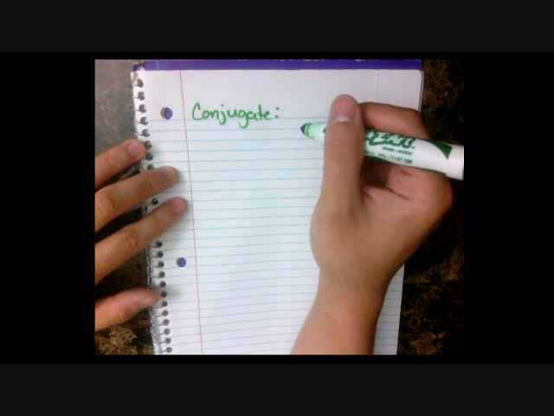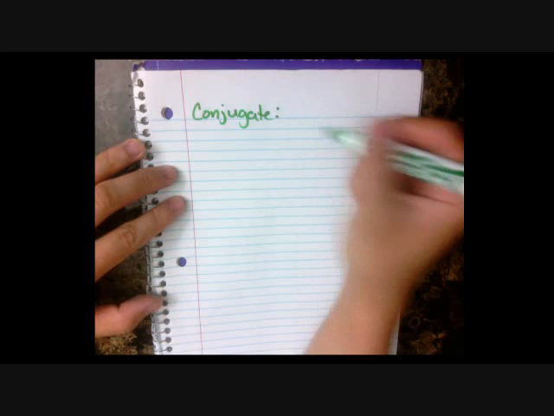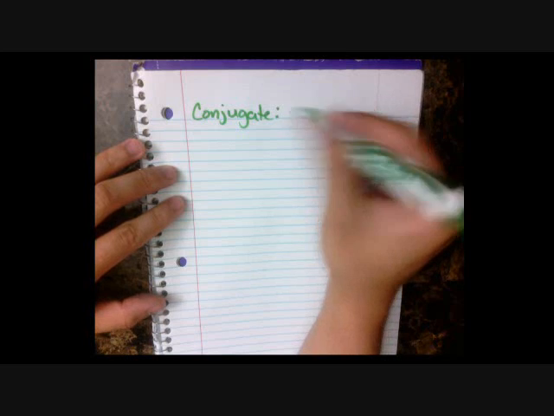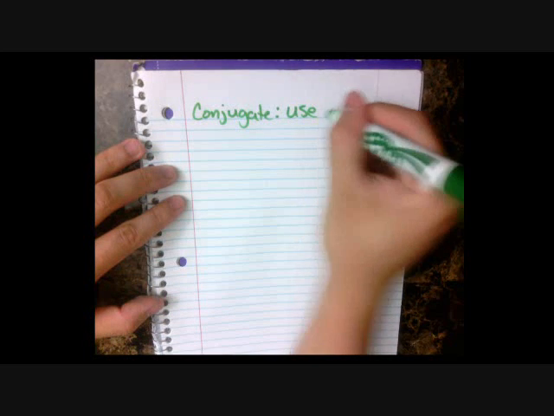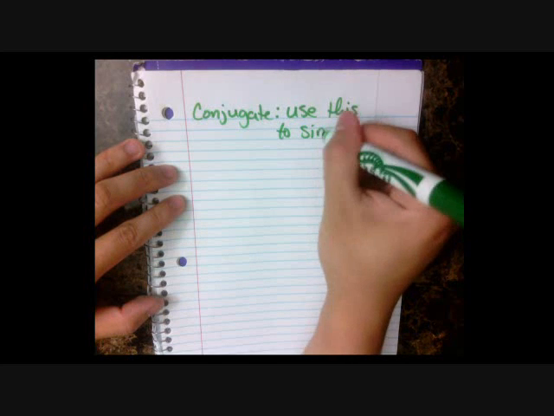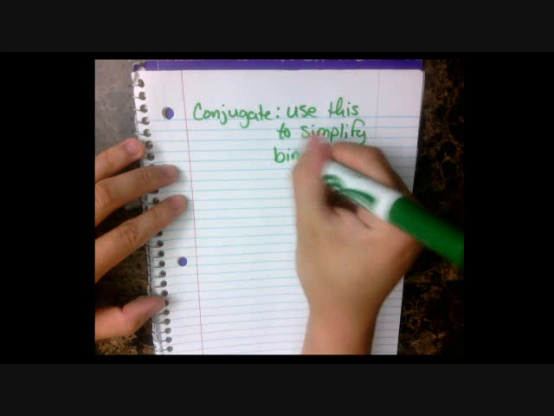It's fancy and whatnot, but the point of a conjugate is that you're going to eliminate the outer and inner terms of FOIL. Your conjugate's just going to make your life easier. So we're going to use this to simplify binomials with i.